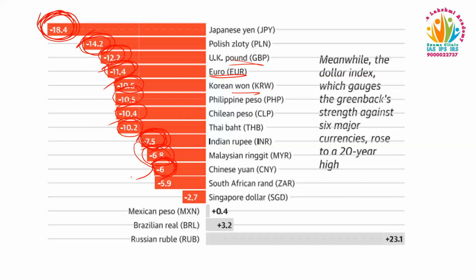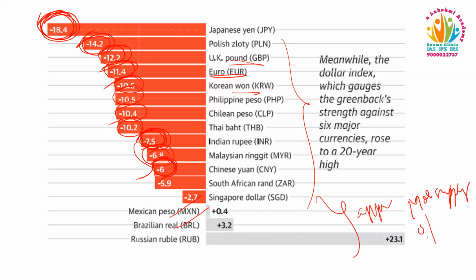China's currency is better than our Indian rupee in terms of this depreciation. See, not only depreciation, there have been some currencies which have also appreciated. What are those currencies? The Mexican peso, Brazilian real, and the Russian ruble. Due to the financial sanctions on Russia, there is a greater number of dollars, right?